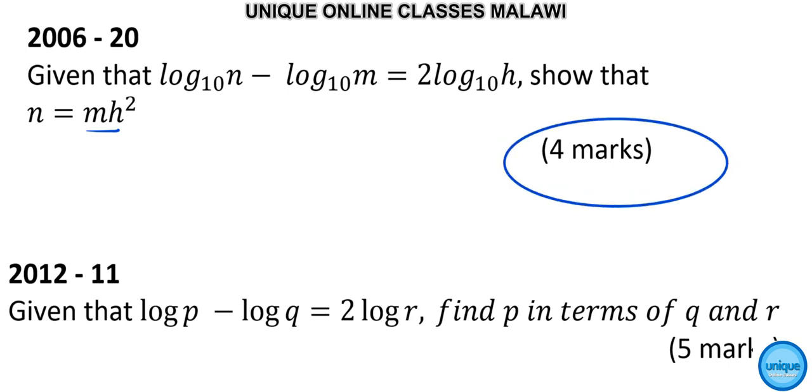And ina question number 11, 2012, given that log of p minus log of q is equal to 2 log of r, we should find p in terms of q and r.